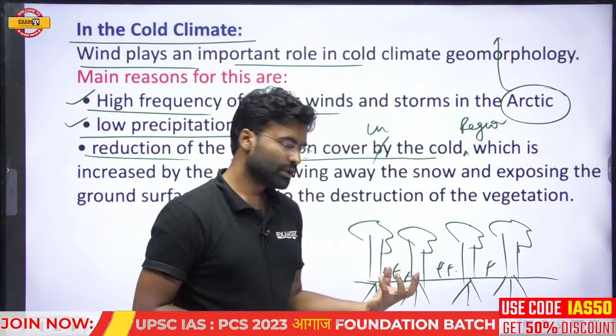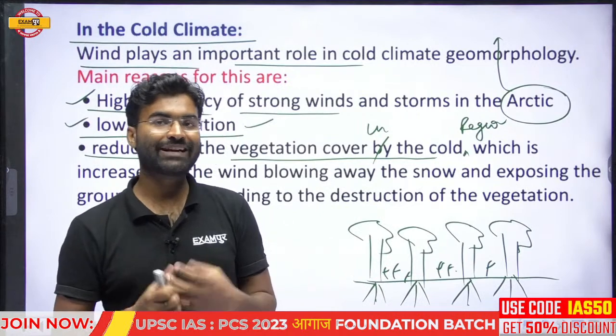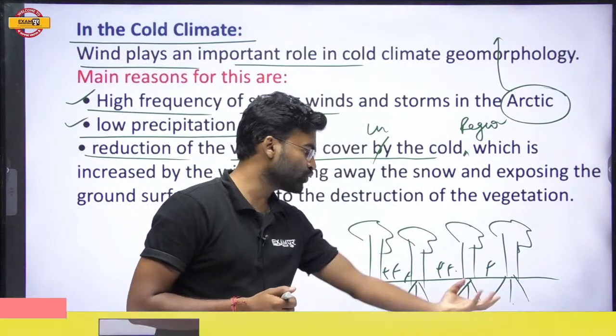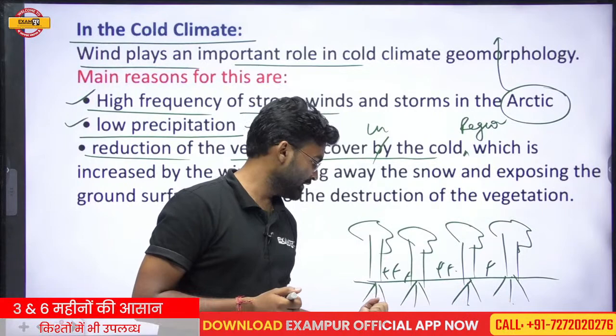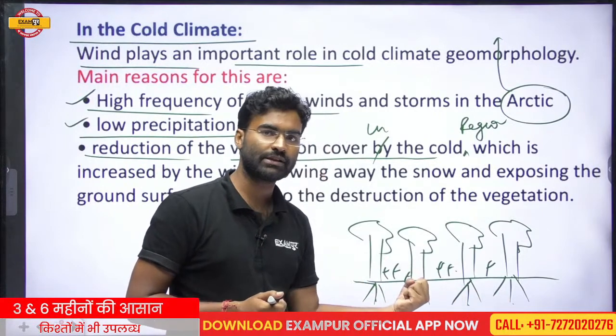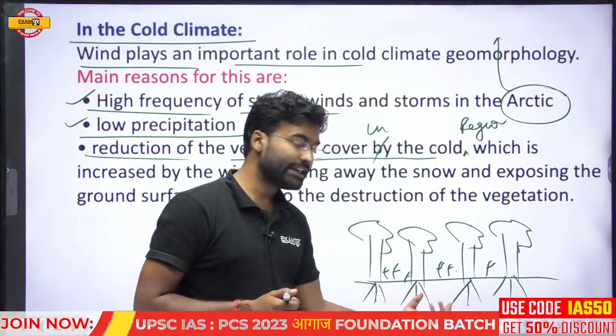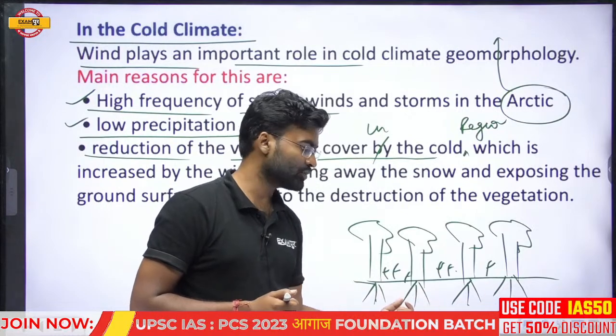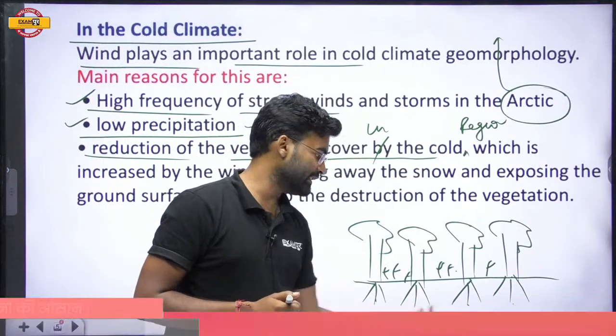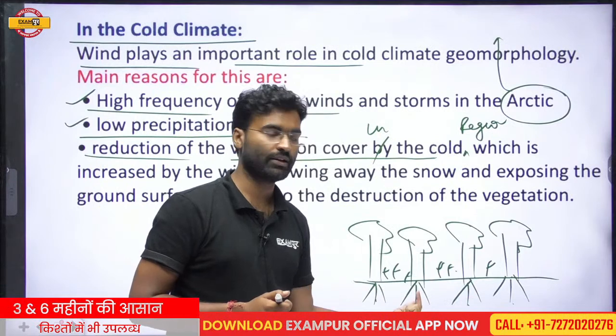It can trap the soil with its roots. With the root nodules it can trap the soil, so it is not an easy task to decompose it or to loosen the bonding of this soil.